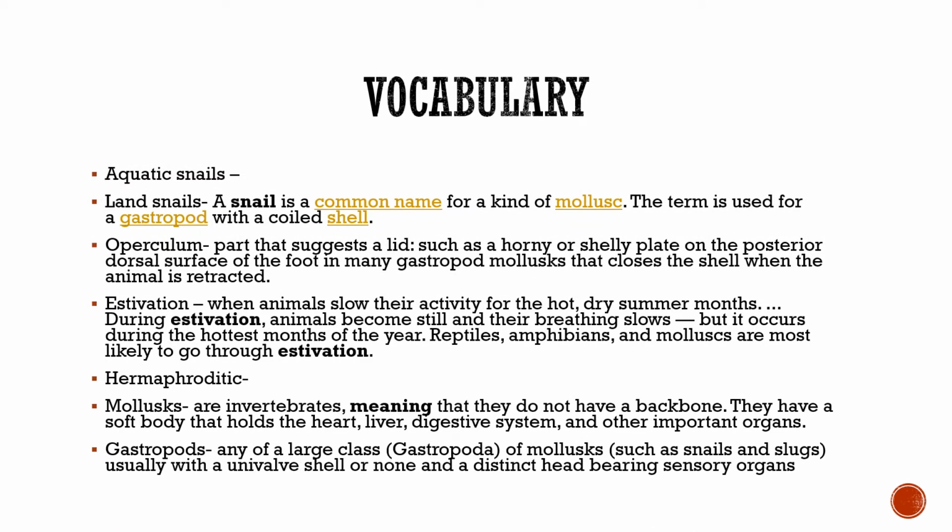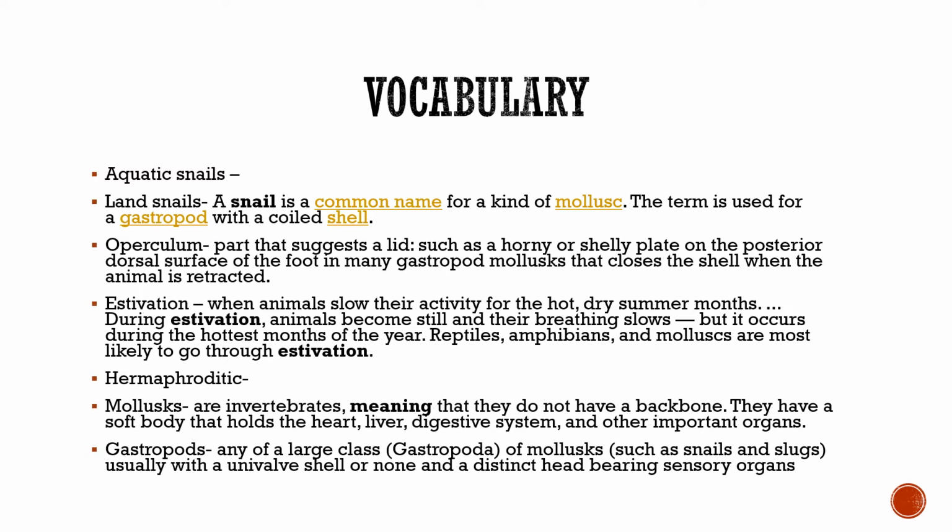So our vocabulary. Some vocabulary that will be helpful today is land snail. Land snails are snails, that's its common name for a kind of mollusk. It's a term that's used for a gastropod with a coiled shell. Mollusk. Mollusks are invertebrates, meaning that they don't have a backbone.